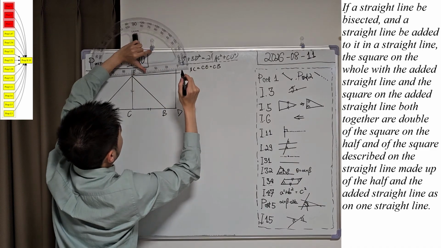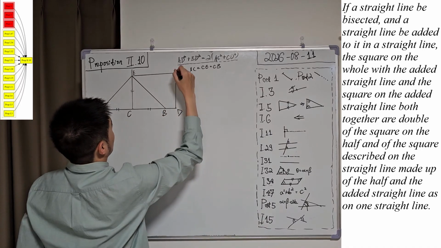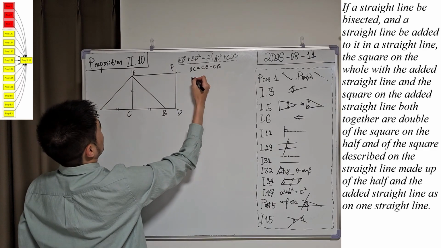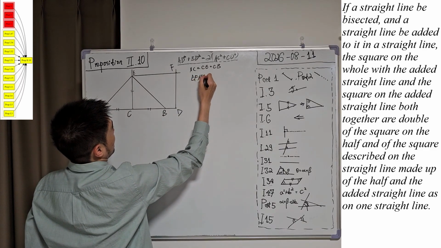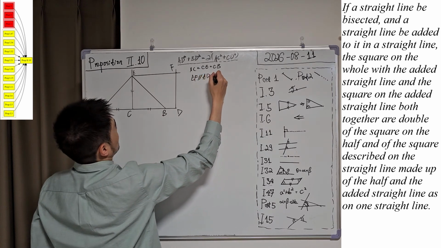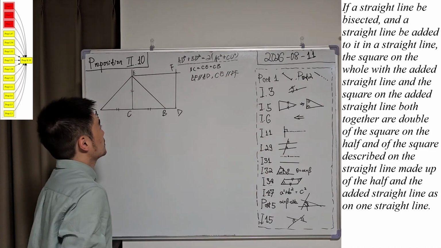And let's assume they are meeting with each other at the point F, okay? So we know that EF is parallel to AD and CE is parallel to DF, correct?